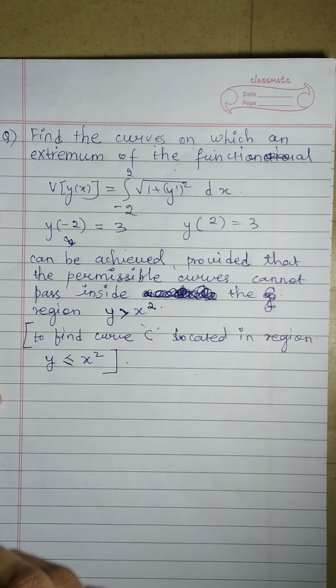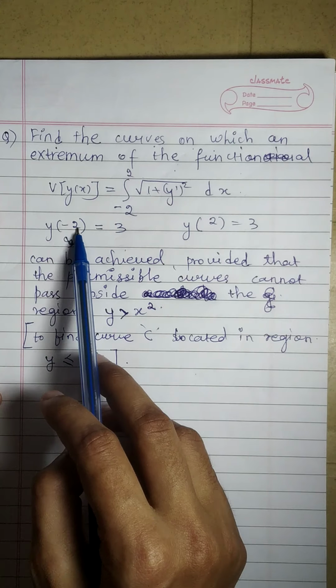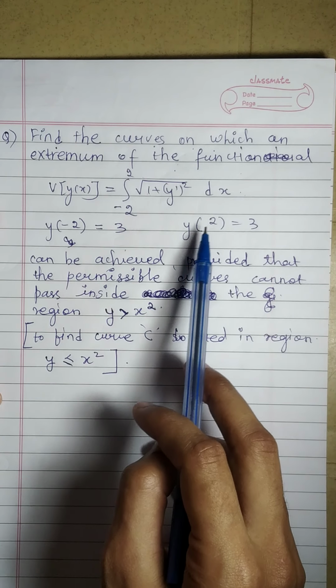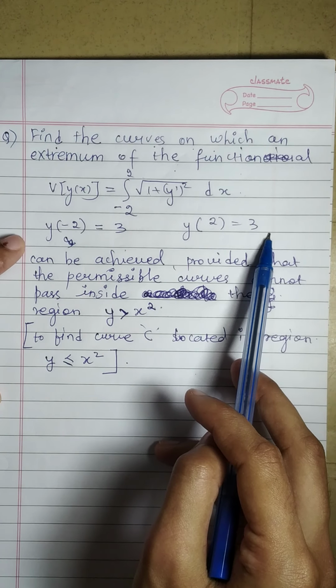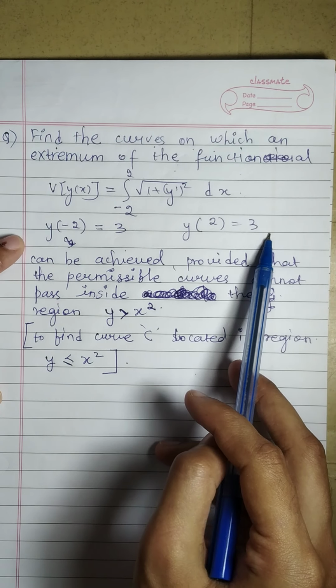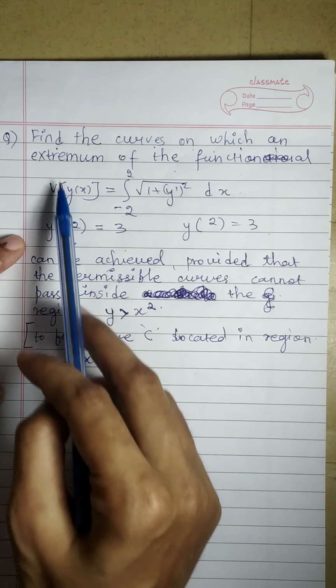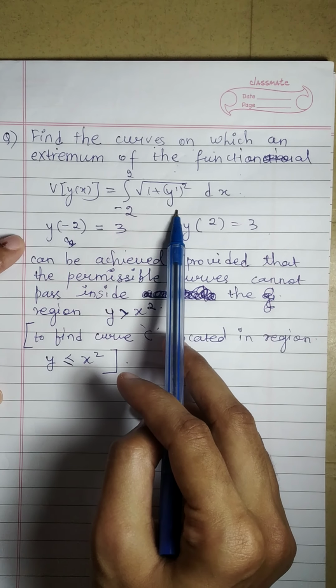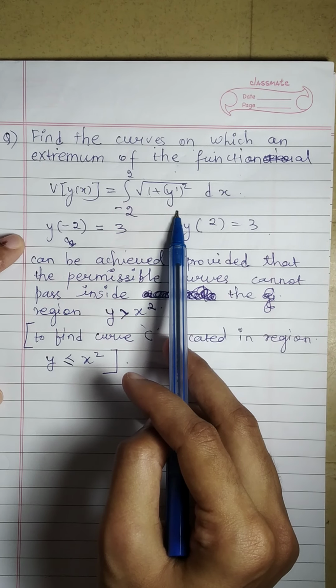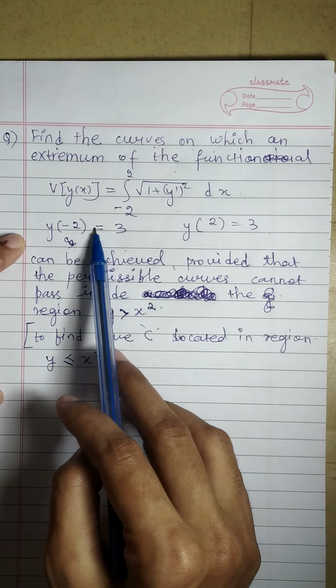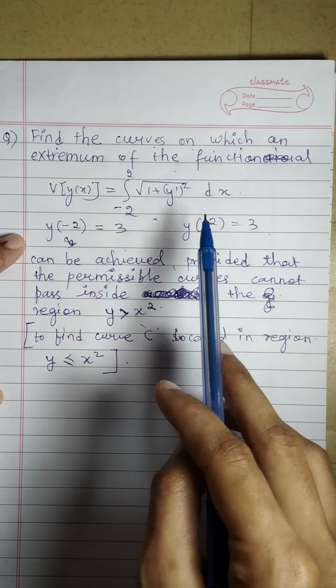The initial conditions are y at -2 equal to 3, y at 2 equal to 3. Okay, so we want to find out a curve on which this functional will attain the extremum, and that extremum should satisfy these conditions.